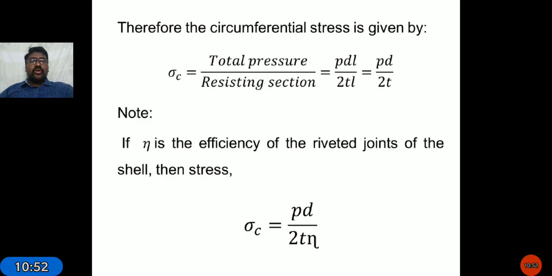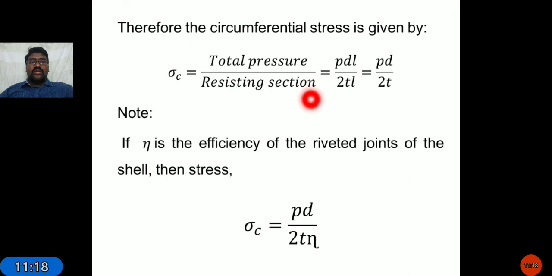Now we equate the resisting force to the circumferential stress developed in the material. That is, sigma c, the circumferential stress, equals the total force developed on the material divided by the resisting section.